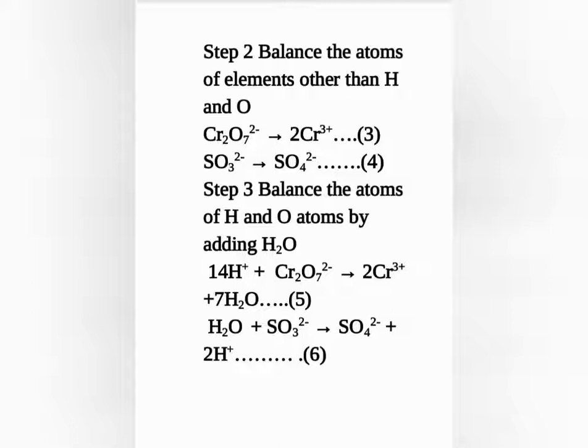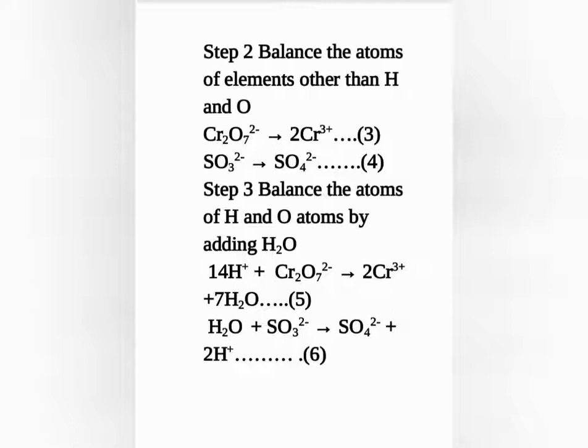So in the first equation, on the left hand side we have two chromium atoms as Cr2, but on the right hand side only one Cr, so we have to write 2 on the right hand side of the first equation, and that can be taken as equation number 3. In the second one, on both sides we have an equal number of sulfur atoms, only one atom of sulfur, so we don't need to make any change in that one. I hope it's clear. Balance the atoms other than hydrogen and oxygen, that you have to do.